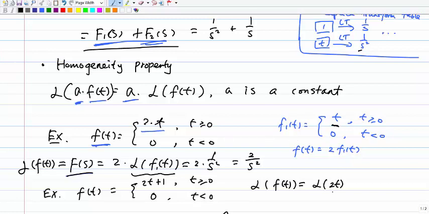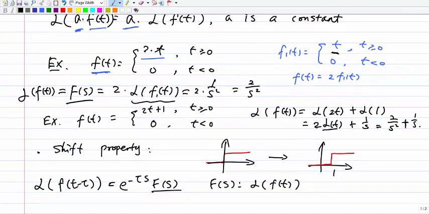The Laplace transform of 2t is 2 times the Laplace of t, plus the Laplace of 1, which is 1 over s according to the table. The Laplace of t is 1 over s squared, so this is 2 over s squared plus 1 over s. You can even combine different properties. So this is the second property.